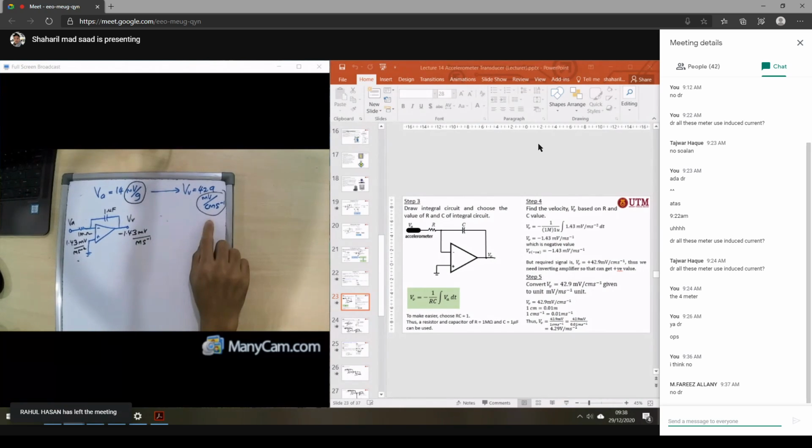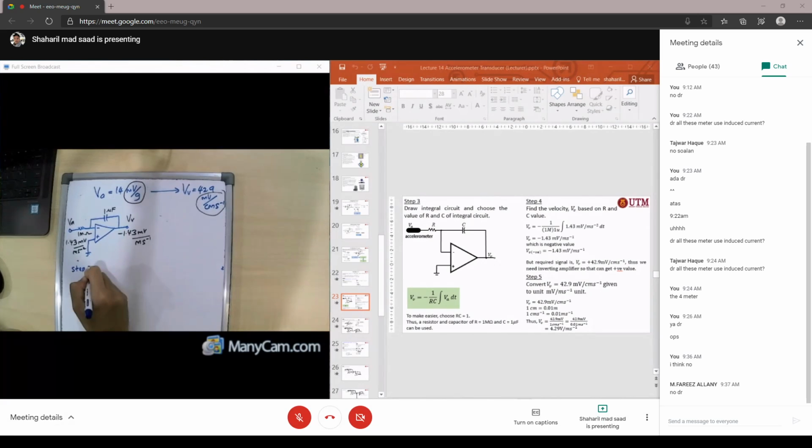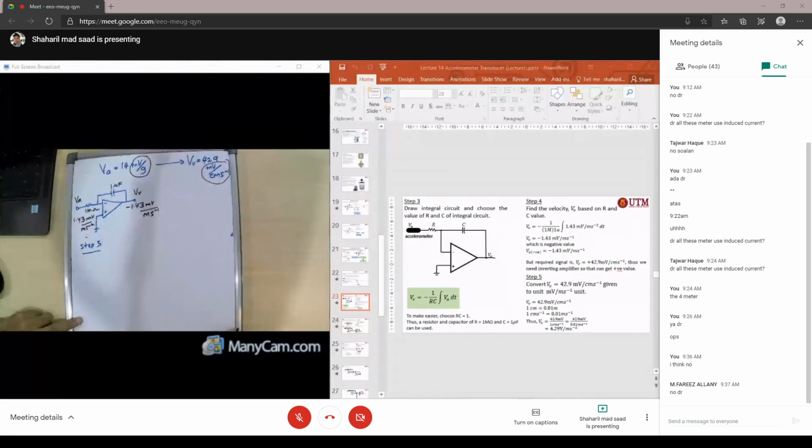However, we want 42.9 millivolt per centimeter per second. So that means this value, we need to convert it first. Okay, so now I put it as step 5. Actually, you can just follow the slide. All right.